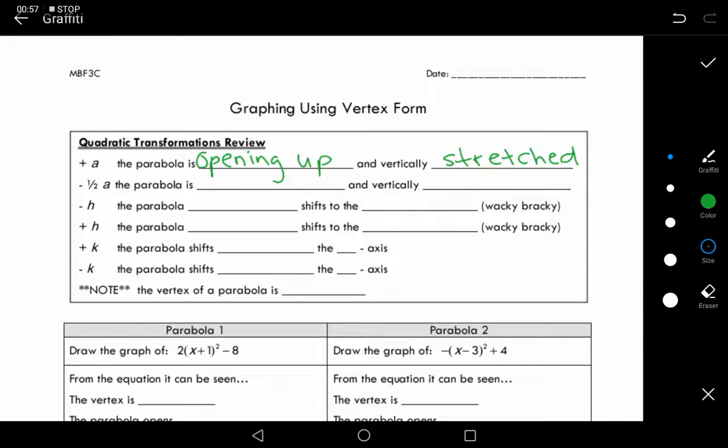Okay, if we have a negative 1/2 a, so we have that negative out front, and we also have a fraction or a decimal, right? That can be turned into a decimal. The parabola is going to be reflected or flipped, right? Because of that negative, and because of that 1/2, it's going to be vertically compressed.